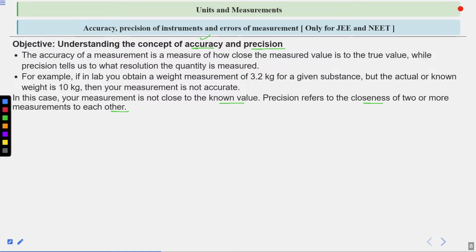In the lab, you obtain a weight measurement of 3.2 kg for a given substance, but the actual or known weight is 10 kg. So in that case, can we say that the data is accurate or not?